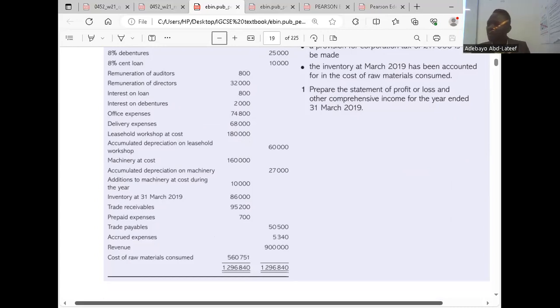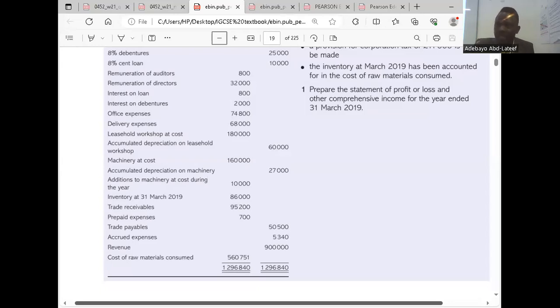We have trade receivables. When we talk about trade receivables, we're talking about the total of our credit customers, which is a current asset, which is going to be part of our statement of financial position. Then we have prepaid expenses. Prepaid expenses are considered as current assets. Why? Because it means you have made a payment for a service or goods that you have not yet consumed, or it has not yet been rendered to you.